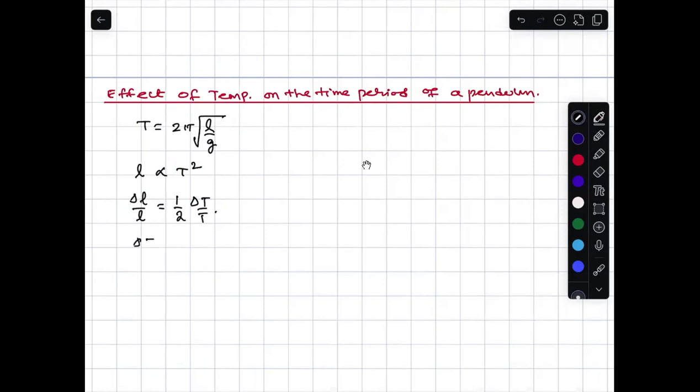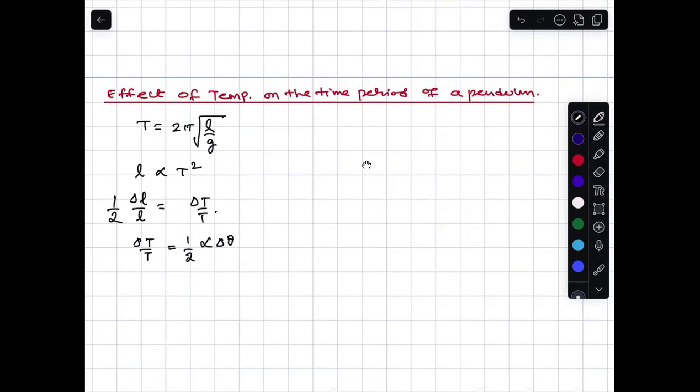So delta T by T is half alpha delta theta. Now because too many times these terms are involved, to avoid confusion with temperature, I'm using theta now.